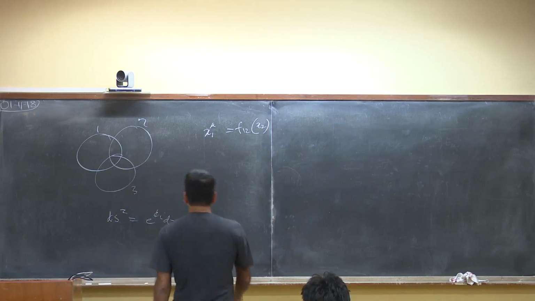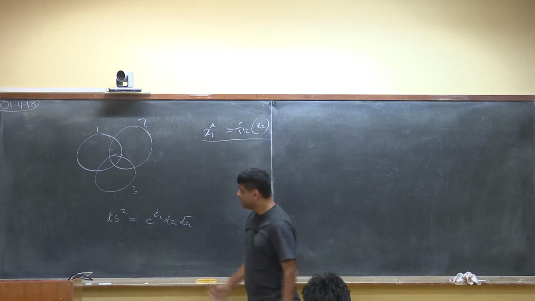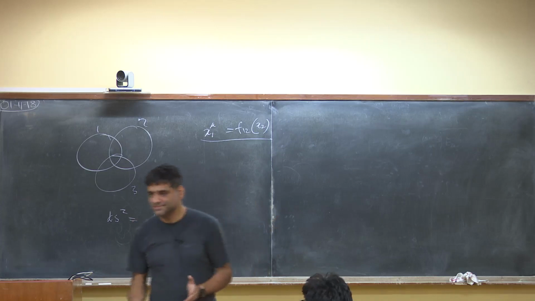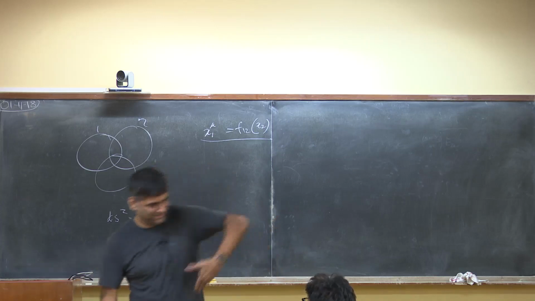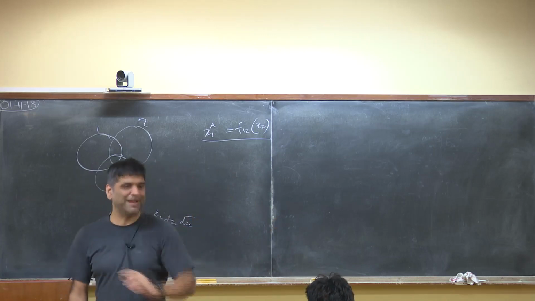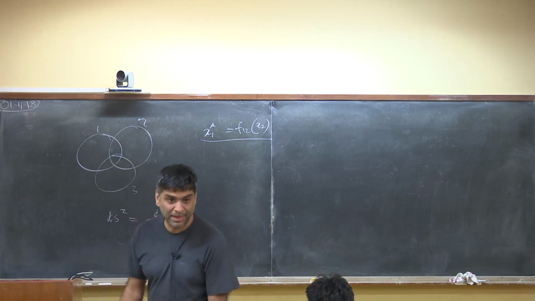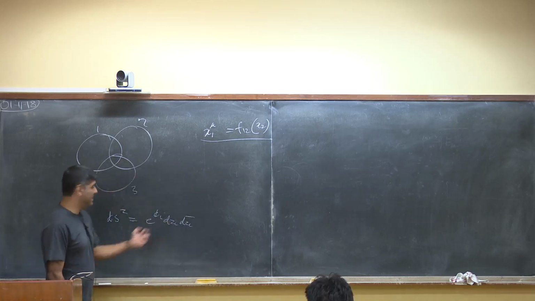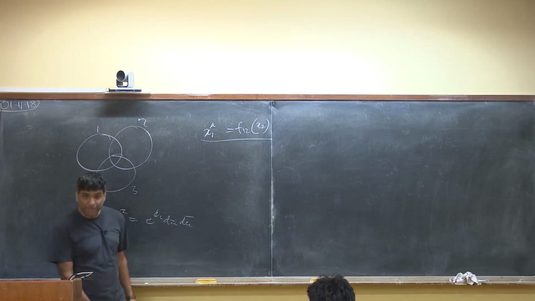However, this coordinate change is such that the metric on overlap regions is the same viewed from either patch. I take the metric in patch 2, coordinate change it to patch 1, and I should get back the metric of patch 1.